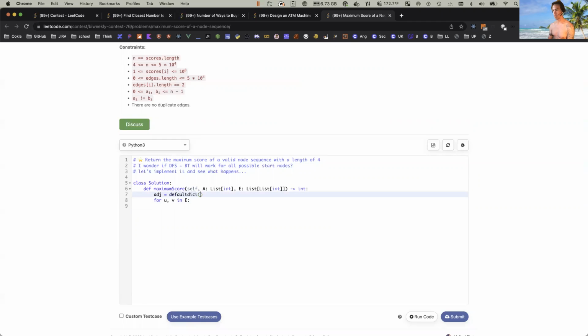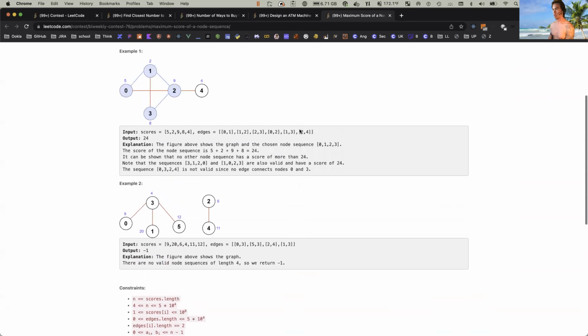Default dict of set. Insert that in the adjacency list. Bidirectional. Okay, so there's our adjacency list for each edge.